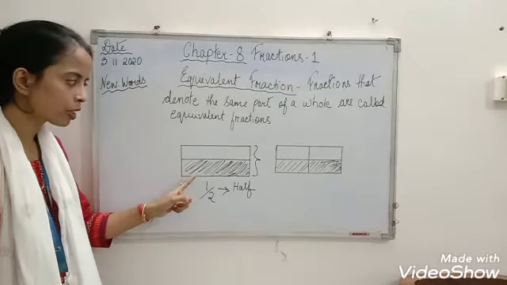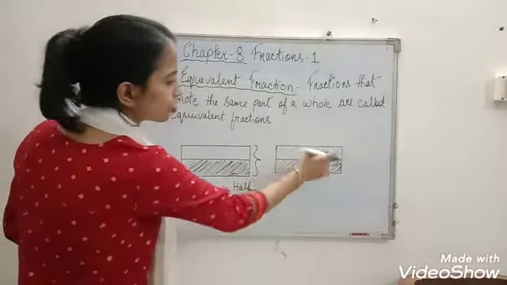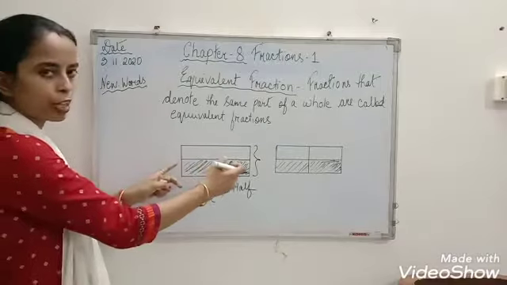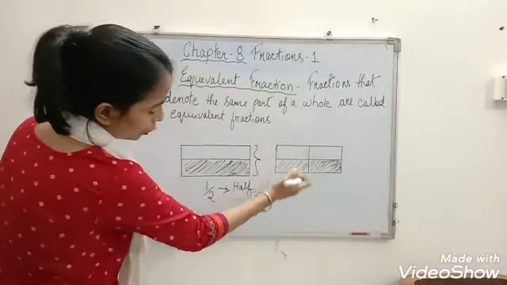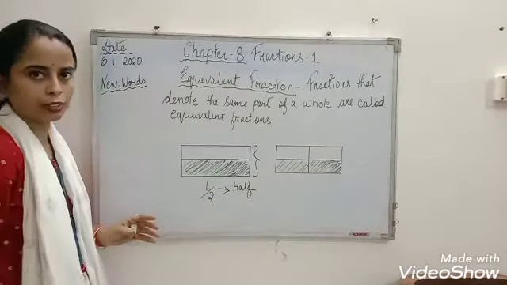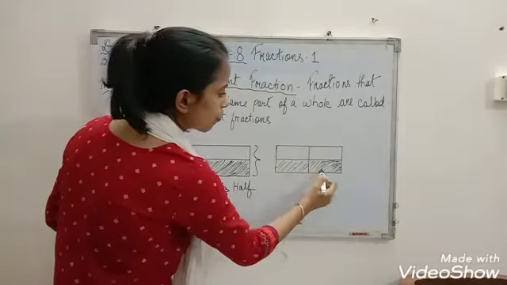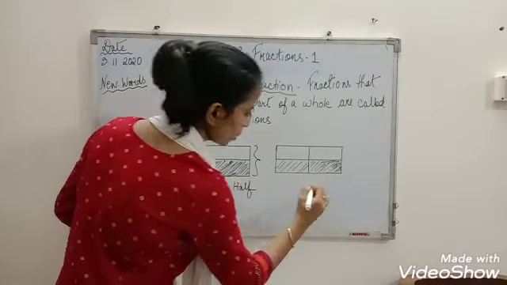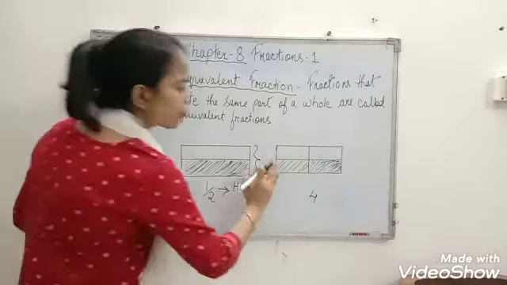Okay, children? Now, if I divide each part of the same figure into 2 equal parts, then I get how many equal parts? 1, 2, 3, 4. And out of 4, how many parts are shaded? 2. 2 by 4.